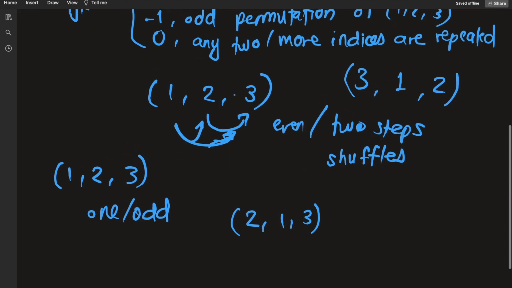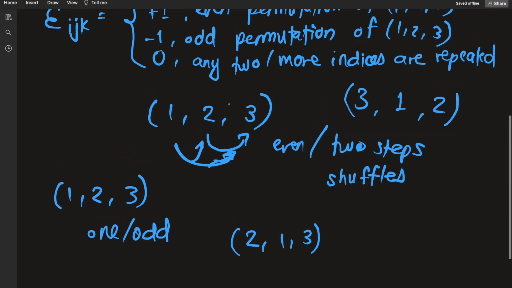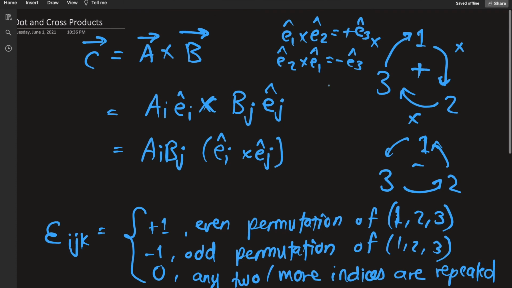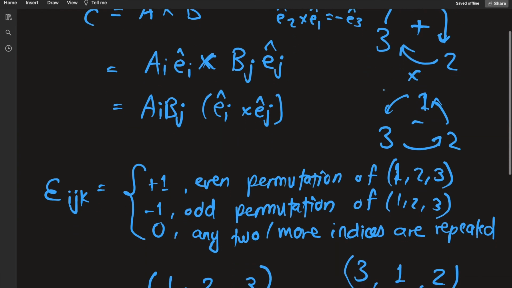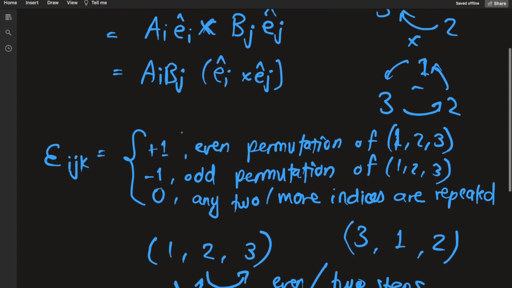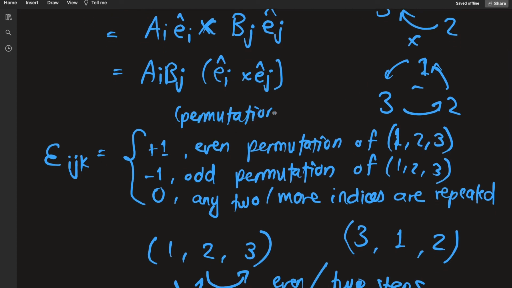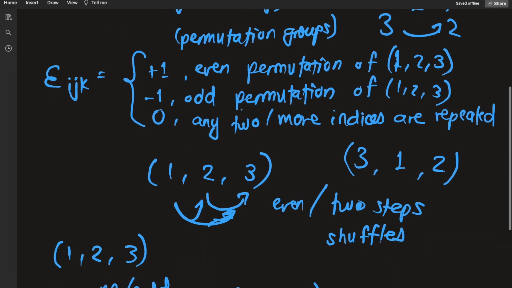I hope this permutation business is clear, because thinking about this entire cycle as a permutation is a way more general way of thinking about it, because then you're thinking about permutation groups. I don't want to spend time with groups, but that's how permutation groups work with these even and odd permutations.